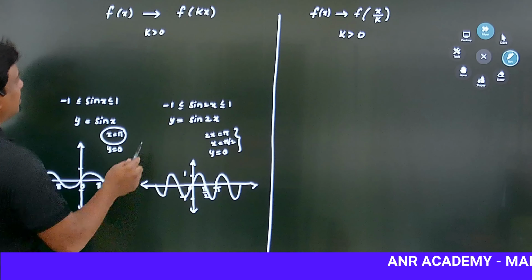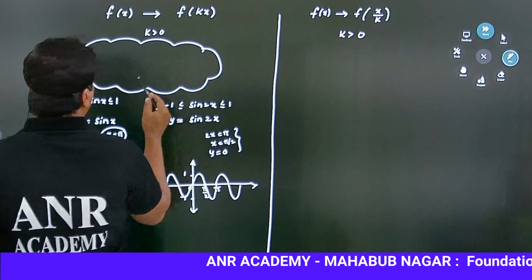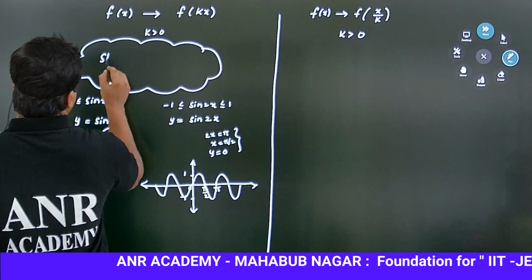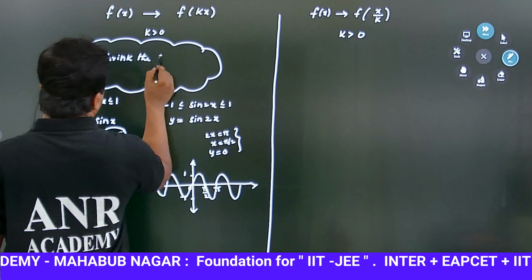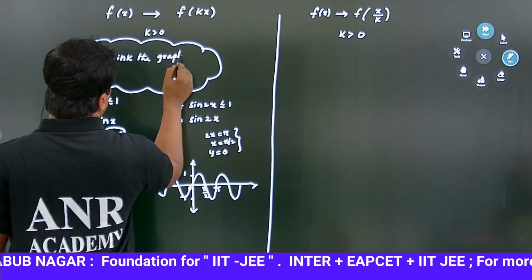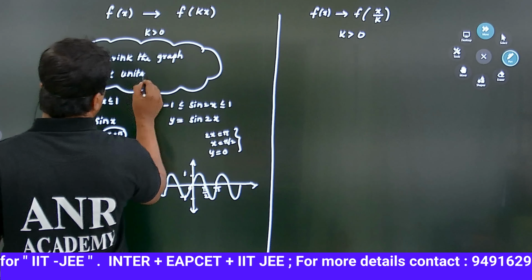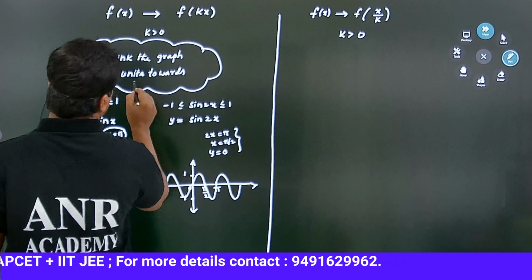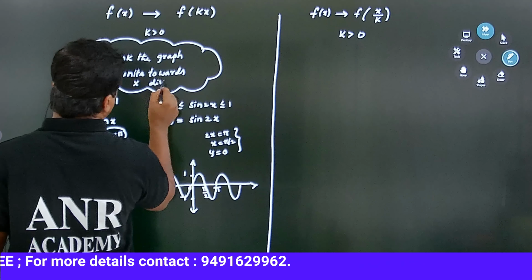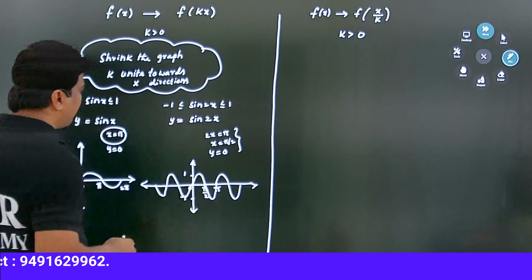So here I am going to write the condition: shrink the graph k units towards x directions. In both the directions you have to shrink the graph.